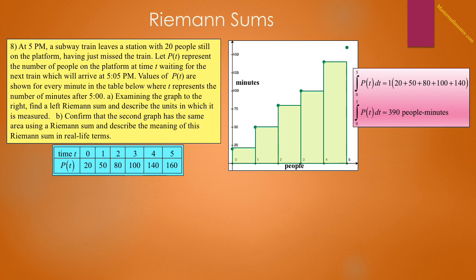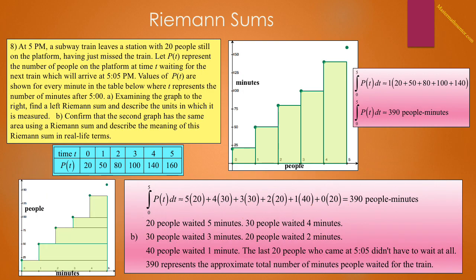The question is, what is a people minute? In order to understand a people minute, we redraw our graph. We extend our horizontal lines and eliminate most vertical lines. We also exchange the labels people and minutes. First, let us confirm that the areas are the same.